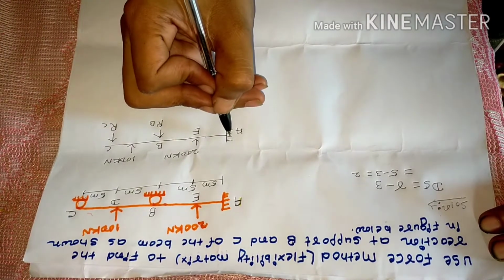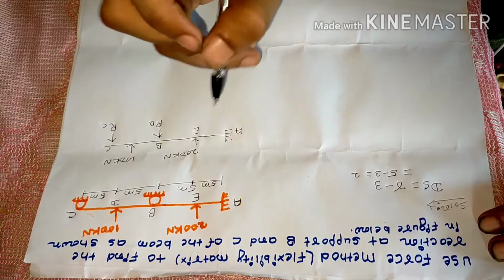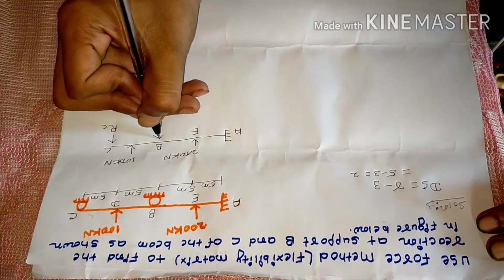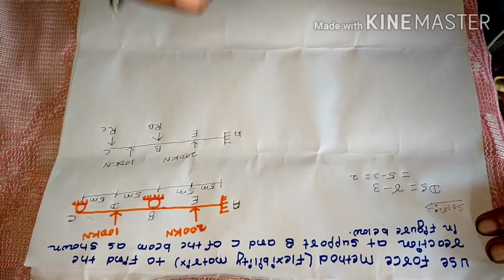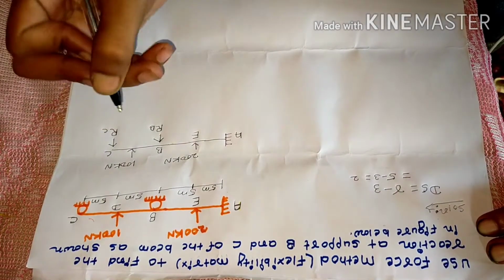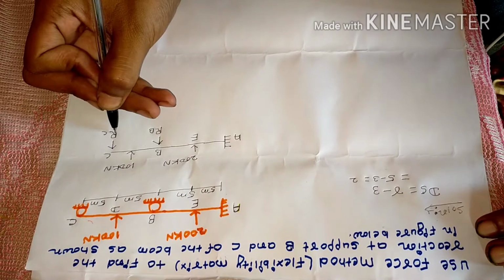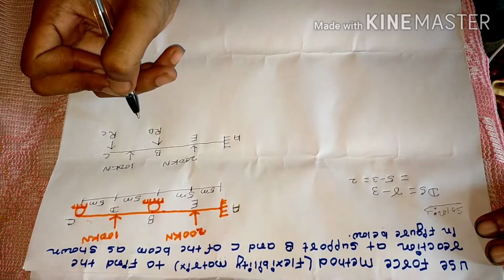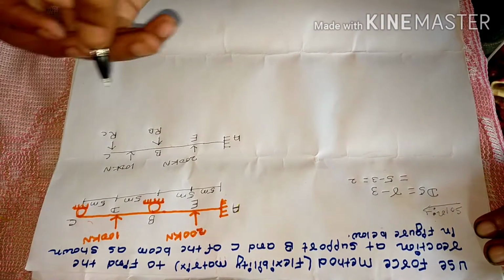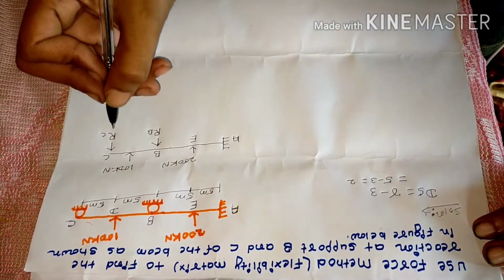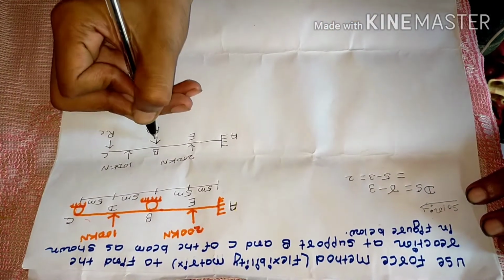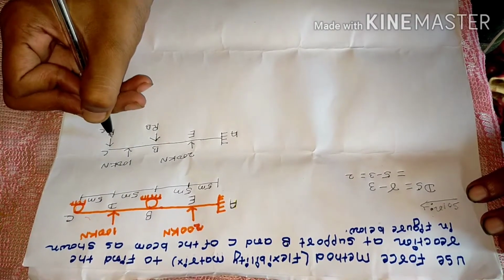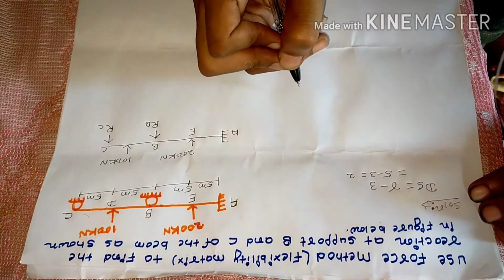Here, to change this indeterminate continuous beam into a determinate one, we have to remove two restrictions. In this beam, let us assume RB and RC are the redundants. Don't worry, the choice of redundant is arbitrary. So here we have selected the redundant as shown in the figure.